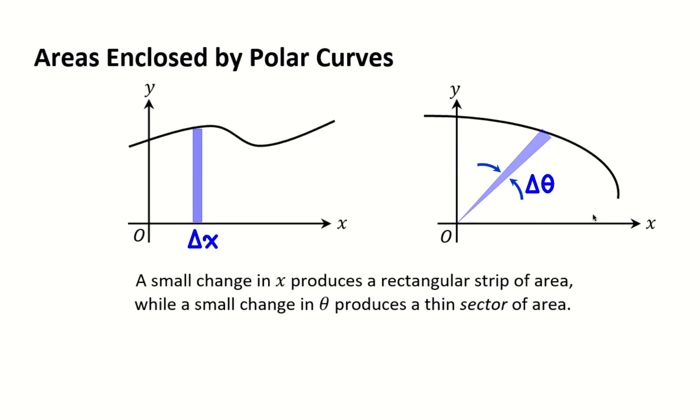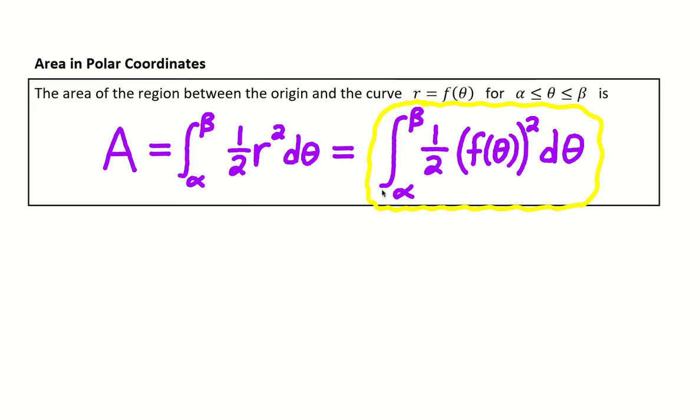So you're doing from theta 1 to theta 2, or we could accumulate this area from pi over 6 to pi over 2. You know what I mean? That's how it's going to play out with these limits of integration. And then, like I said already, the rest of this formula goes like this: 1/2, and then your function f of theta squared d theta.